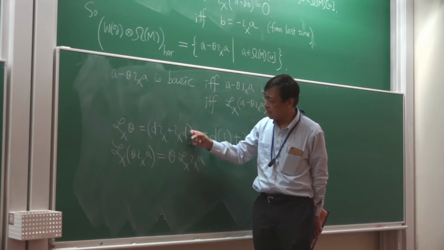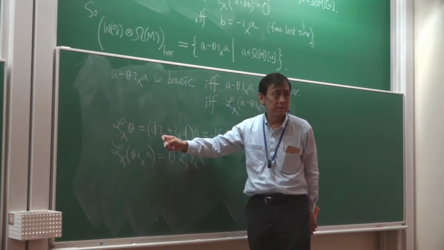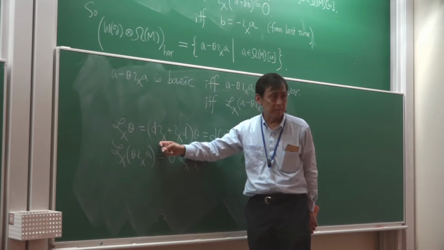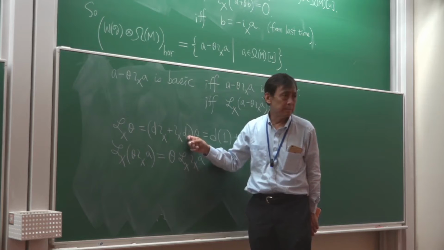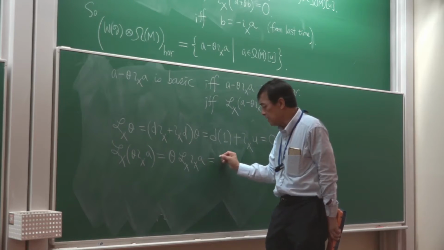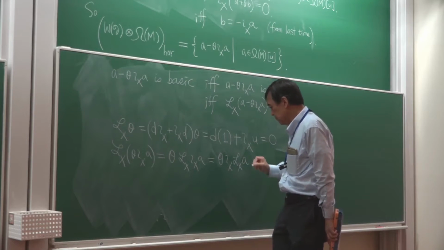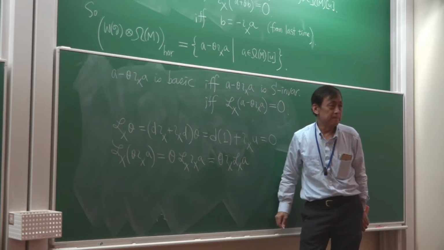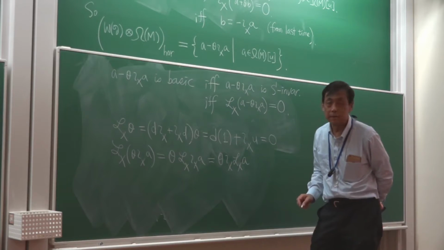If you put I_X at the end, this term goes out because I_X squared is 0. So you get I_X d. So L_X I_X is the same as I_X L_X. L_X commutes with I_X.